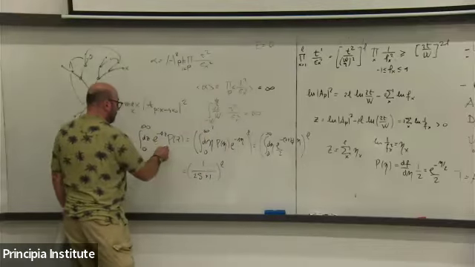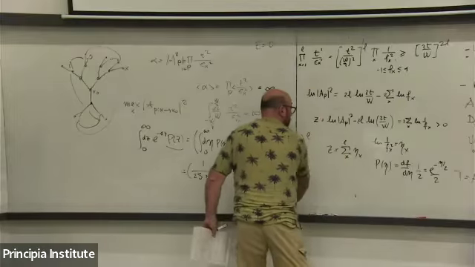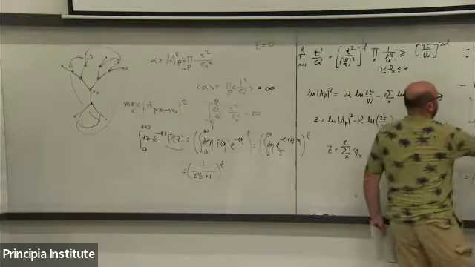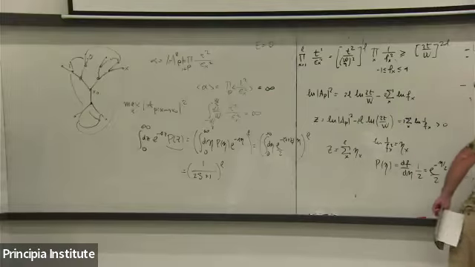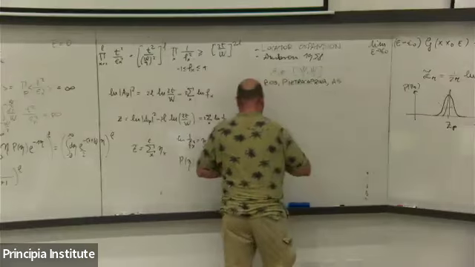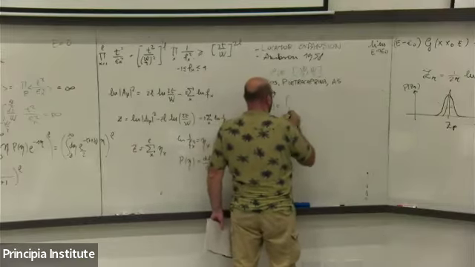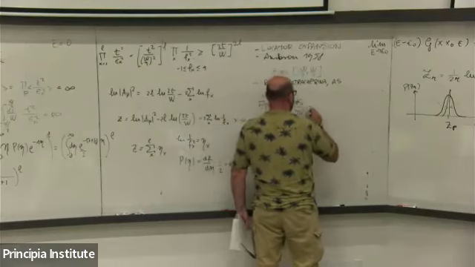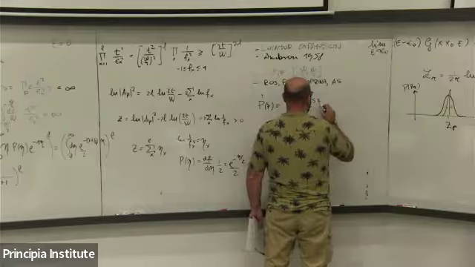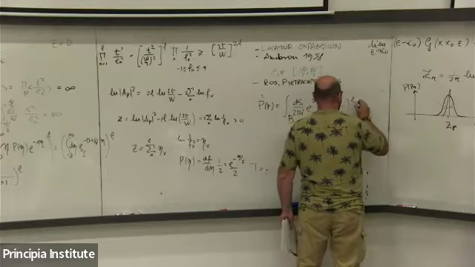So how do we invert the Laplace transform? P of z will be the integral over the Bromwich path, ds divided by 2 pi i, e to the s z, 1 over 2s plus 1 to the L.